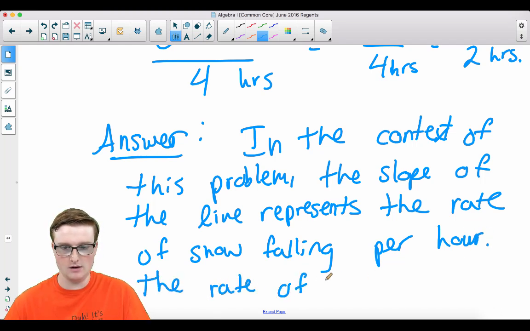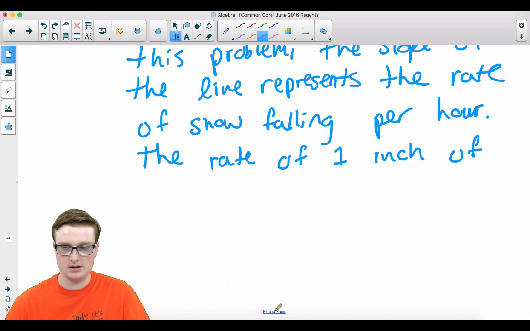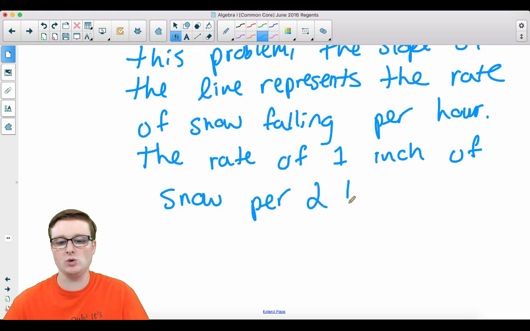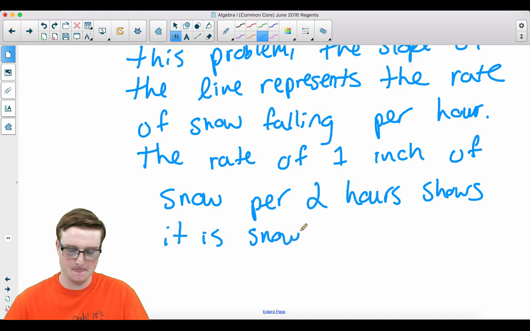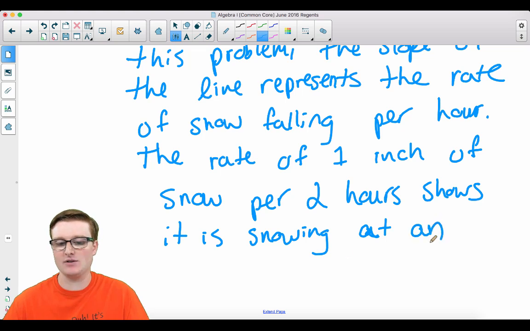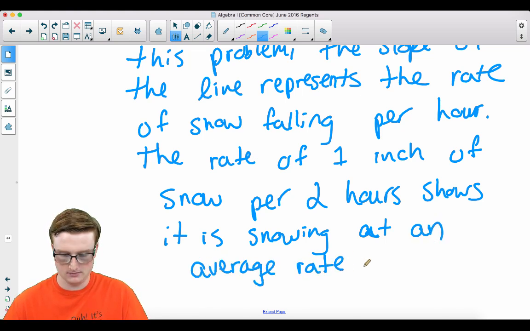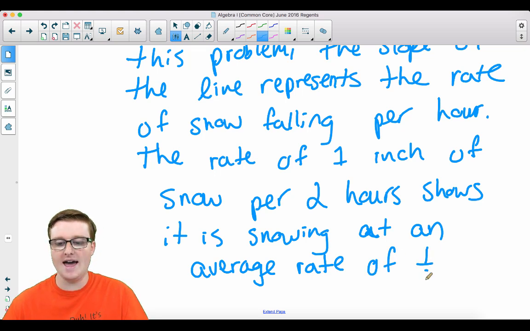The rate of 1 inch of snow per 2 hours shows it is snowing at an average rate of 1/2 of an inch per hour.